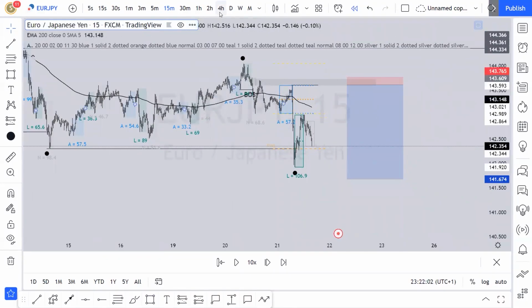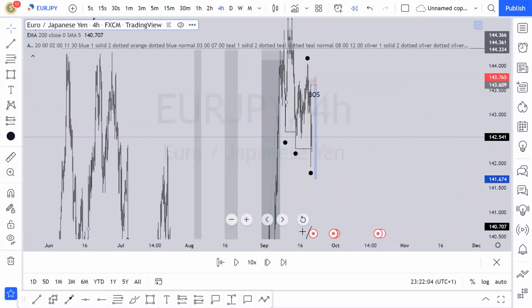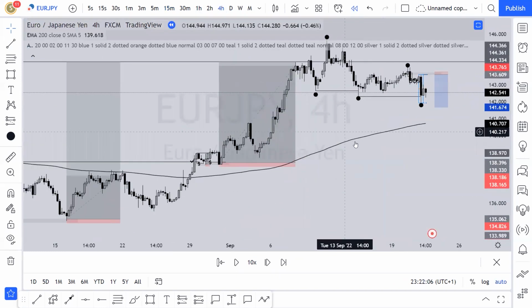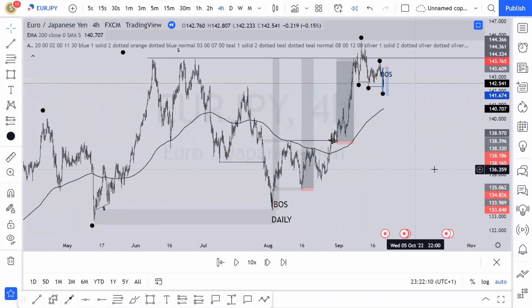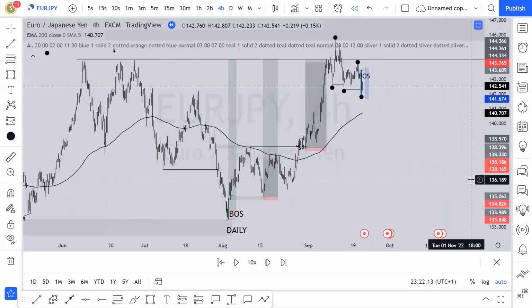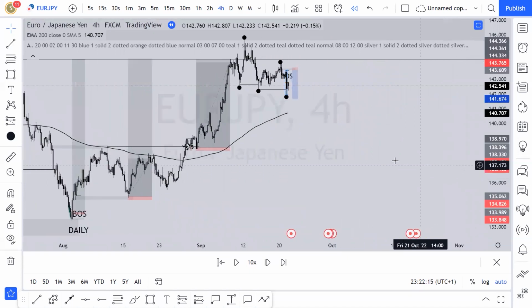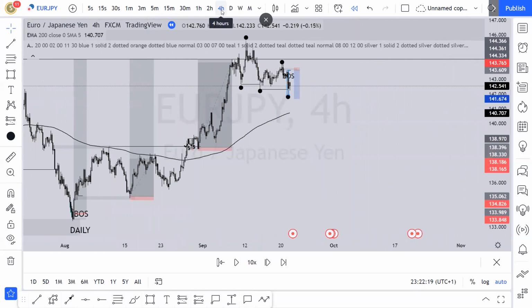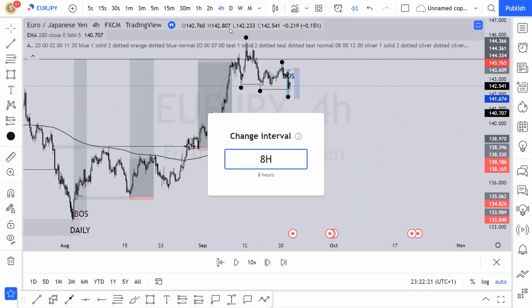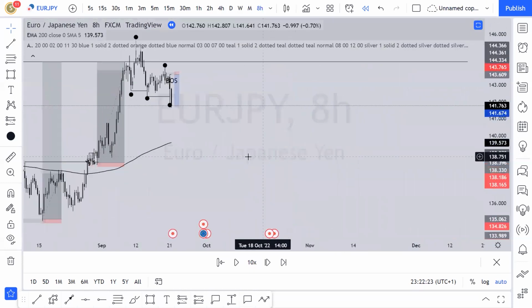And of course, my target with respect to that, if I come to my higher time frame, my target actually was a high one. I think on the 8-hour, I spotted a very nice demand. Let me just show you the demand I spotted on the 8-hour.